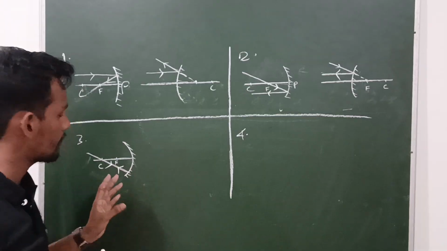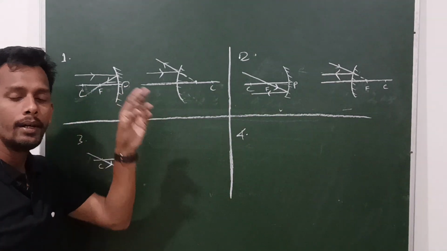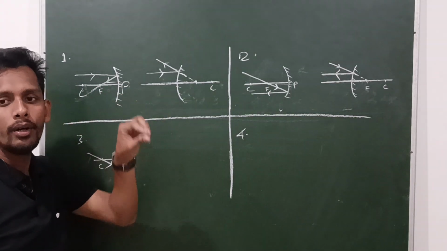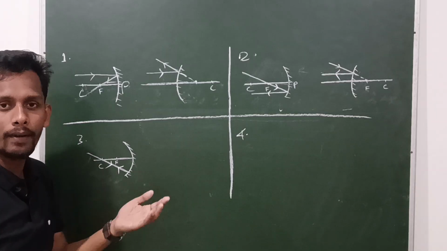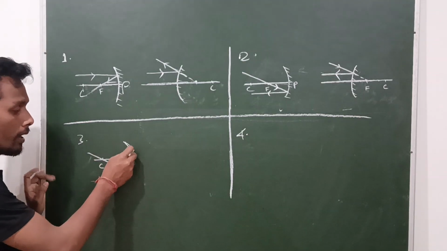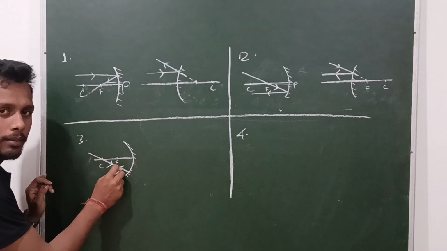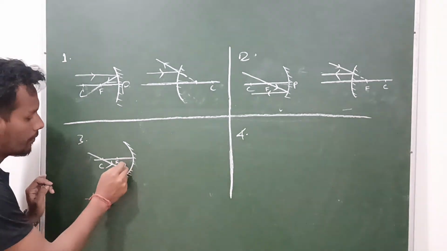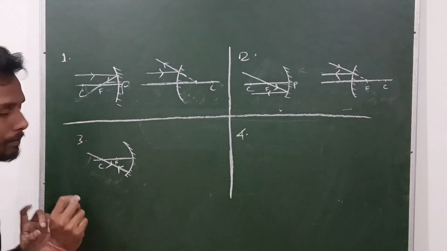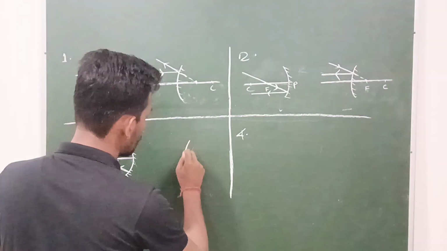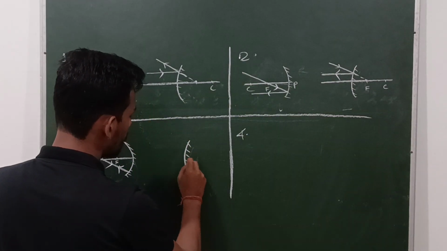In case of plane mirror, if a ray falls on the mirror along the normal, then it will reflect back by the same path. In case of spherical mirror also, if a ray passes through center of curvature, then after reflection it will reflect back by the same path. Clear?